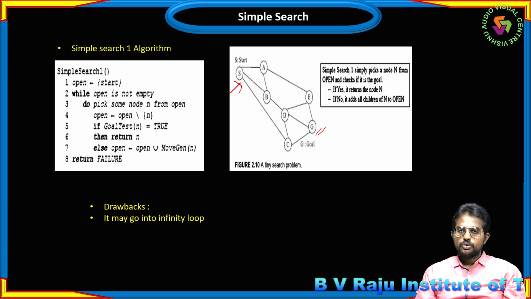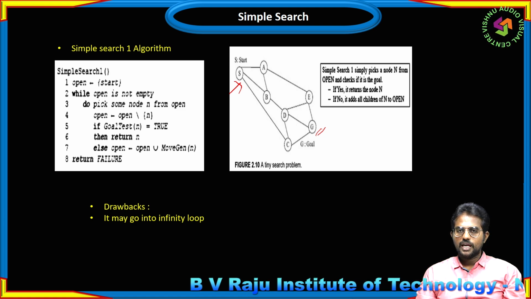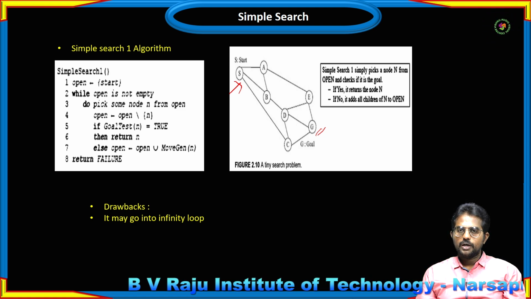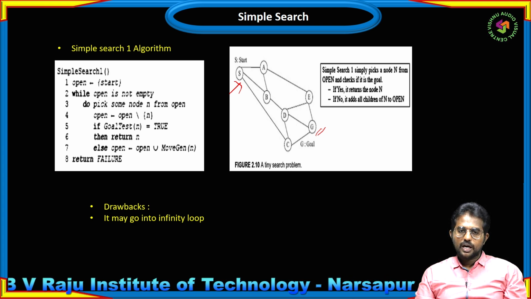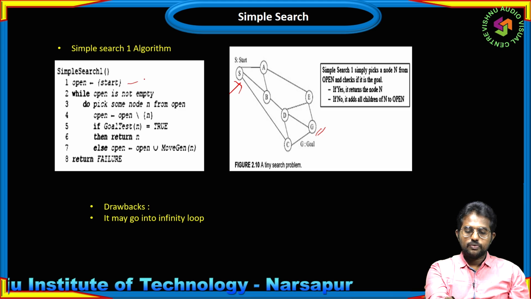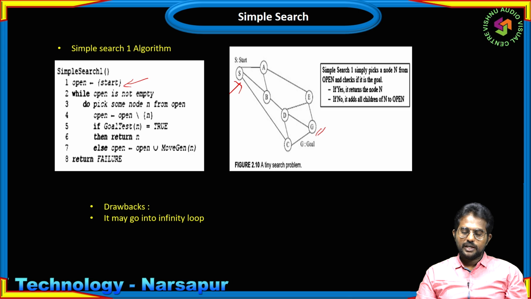While deleting, we select any node randomly from the open data structure. Here we can see this one is the open.